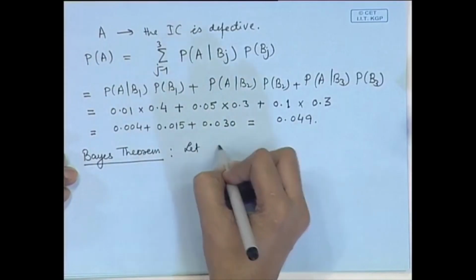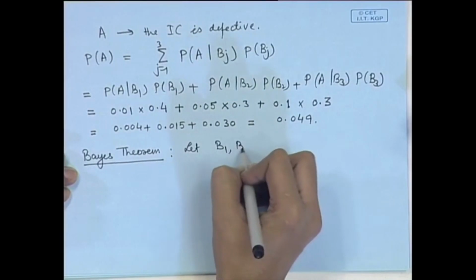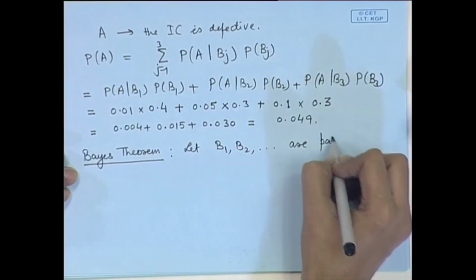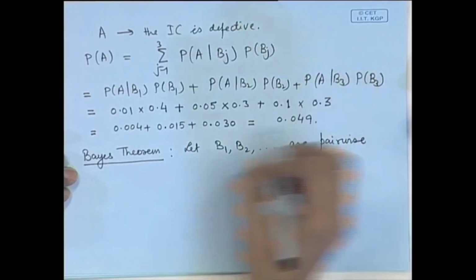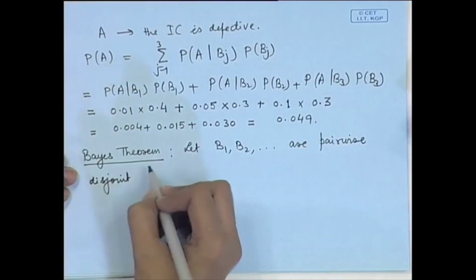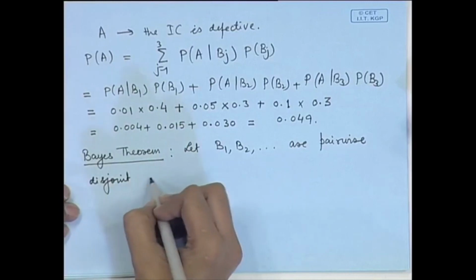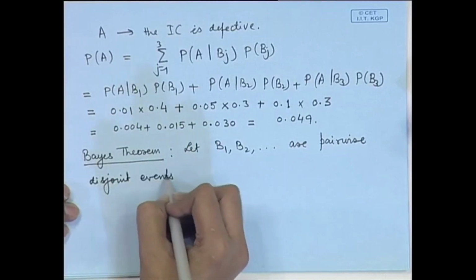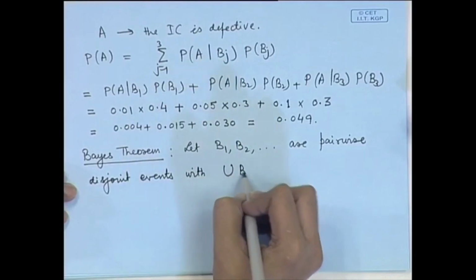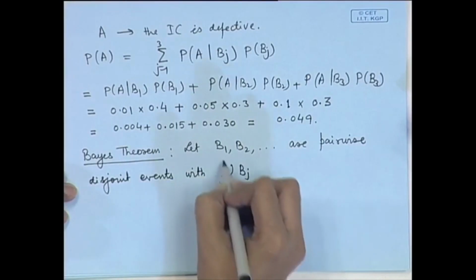Suppose B 1, B 2, etcetera are pairwise disjoint events with union of B j equal to say omega.